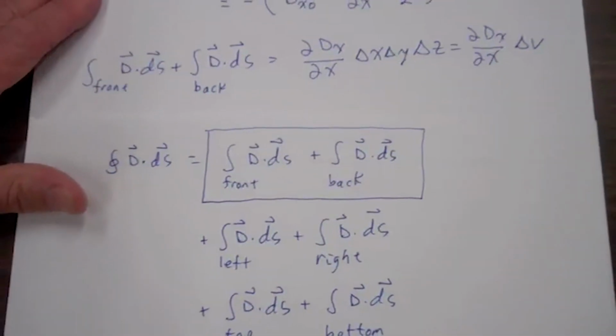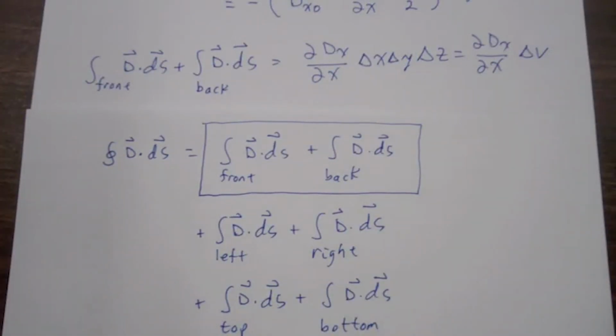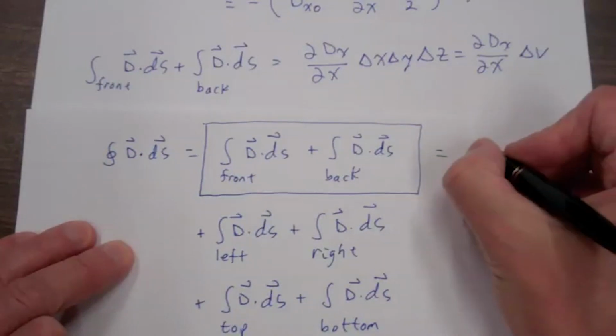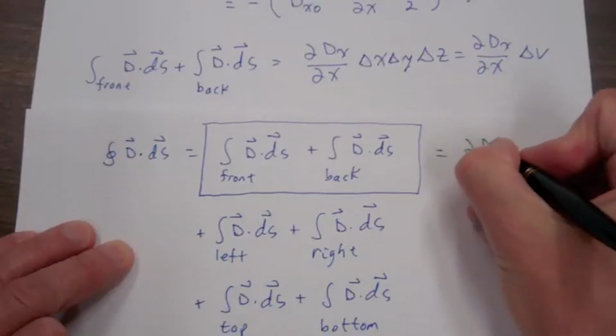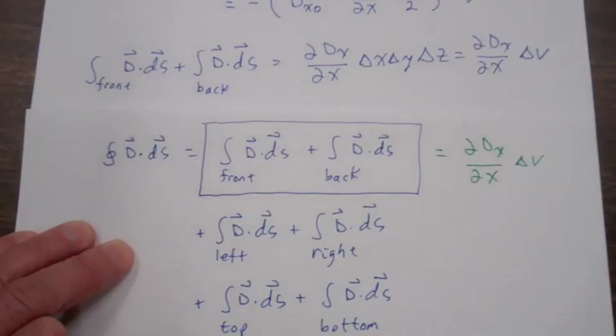Okay, so now if we go back to our equation for the integral of D dot dS around the whole cube, we see for the sum of these first two terms, the result is partial D sub x with respect to x times delta v.